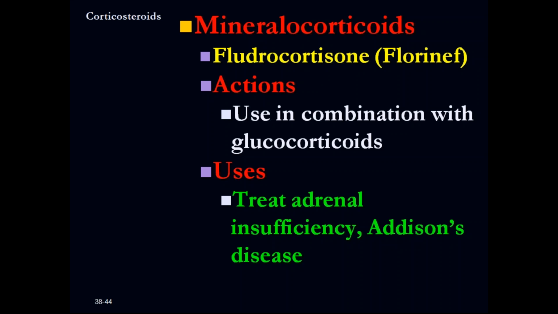All right, so the mineral corticoid is fludrocortisone, which is similar to aldosterone, right? So they are going to give aldosterone. That is what it is. It treats adrenal insufficiency, Addison disease.